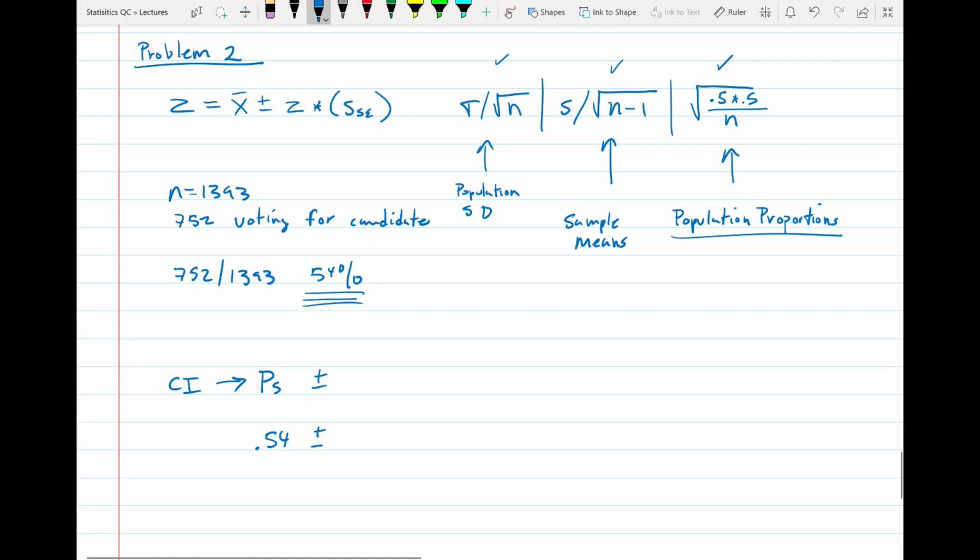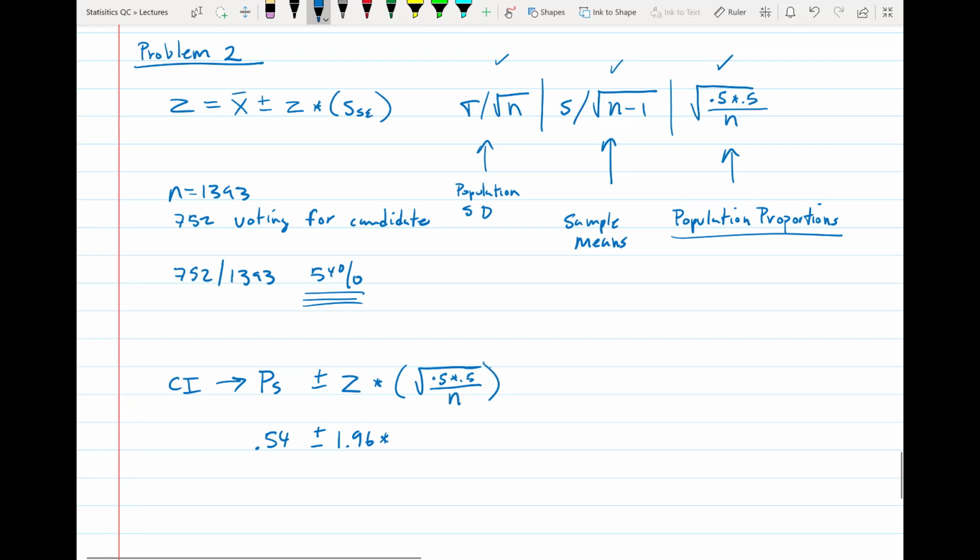We're interested in the 95% confidence interval here, so we know that value is going to be 1.96. I'll put Z over there, and that is going to be times the square root of 0.5 times 0.5, which is always, by the way, going to be 0.25, divided by n.